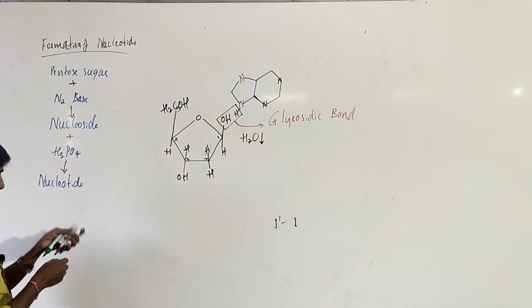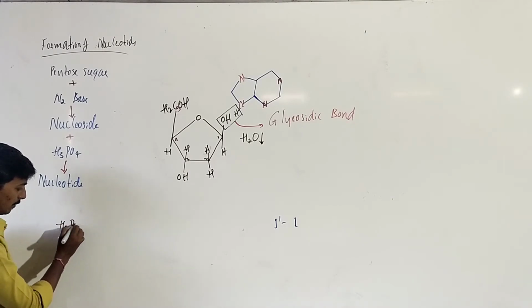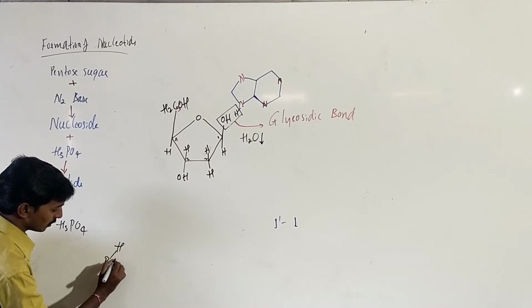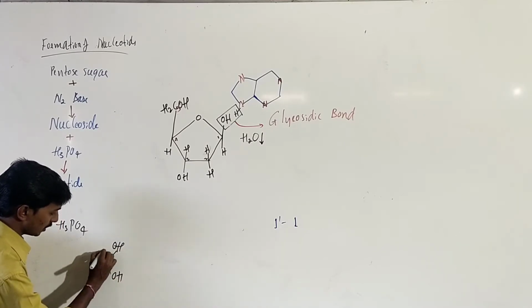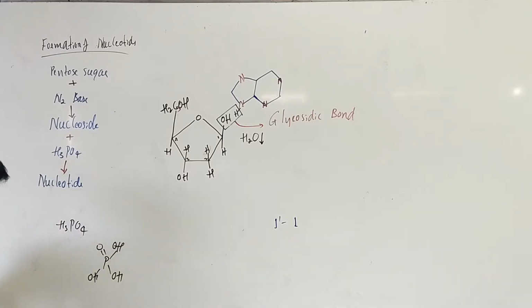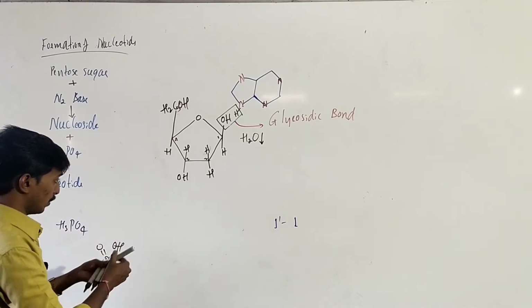Phosphate is H3PO4, and I told you we can write H3PO4 in the form of OH double bond O. We can write H3PO4 in this form, right?